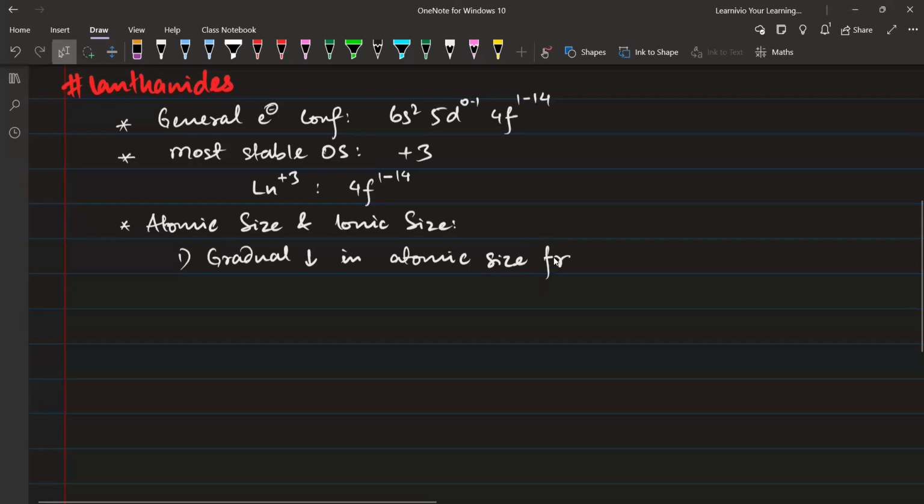from lanthanum to lutetium. Okay, lanthanum to lutetium. See, we are including lanthanum also in the discussion because it only resembles, but it is not part of lanthanide. ध्यान रखिएगा इस चीज का. Due to lanthanide contraction.